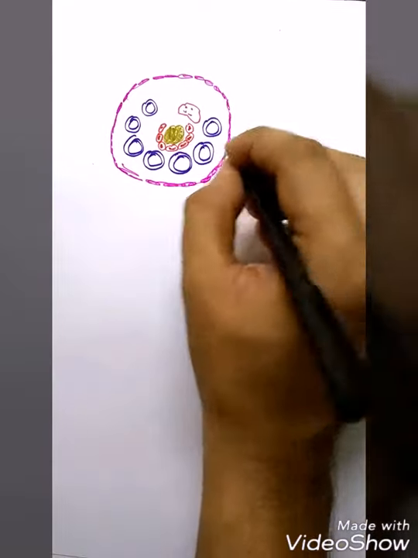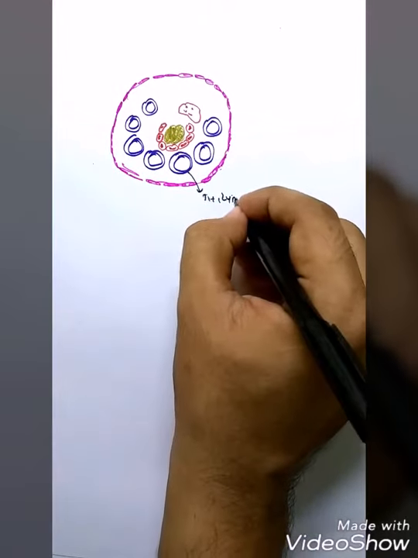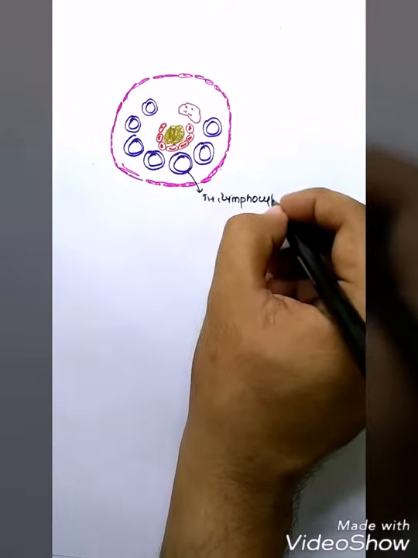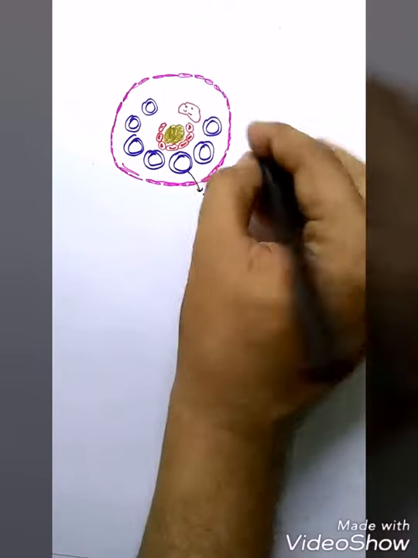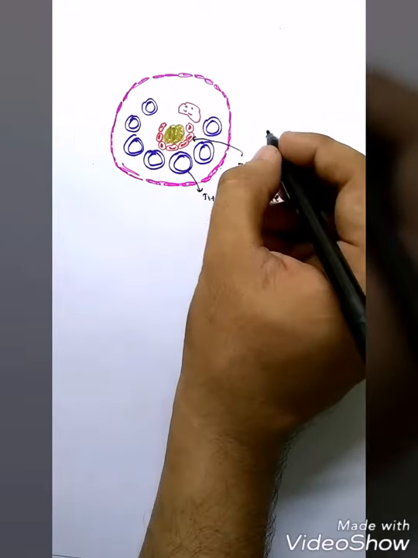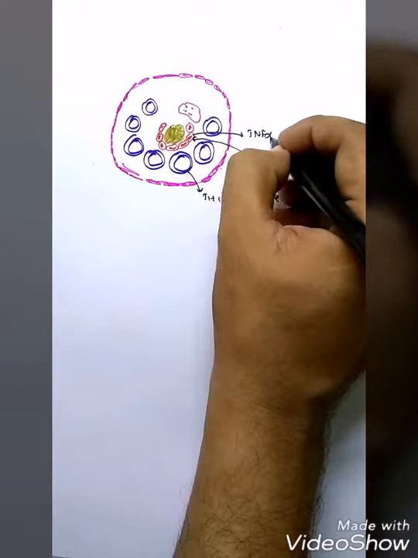So what is the Th1 lymphocyte doing? It is secreting interferon gamma, and interferon gamma causes the macrophage to become activated, and the macrophage in response releases the tumor necrosis factor alpha.